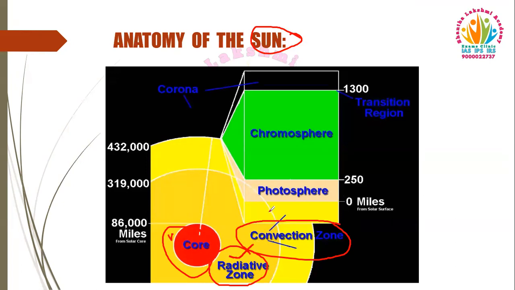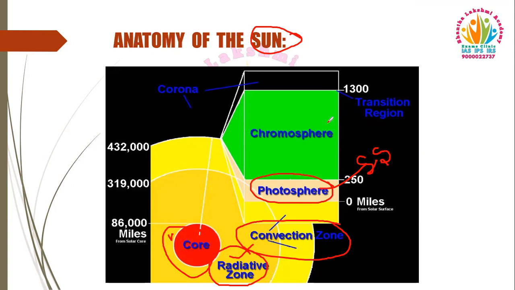Next to the sun's interior, we have the sun's atmosphere, which constitutes the photosphere, which is the visible surface of the sun. On this, we can see the sunspots. Sunspots are nothing but darker and cooler areas where we can see a higher concentration of the magnetic field.